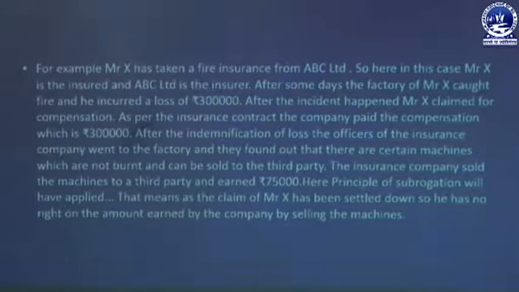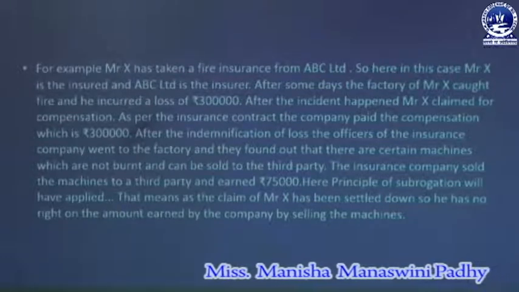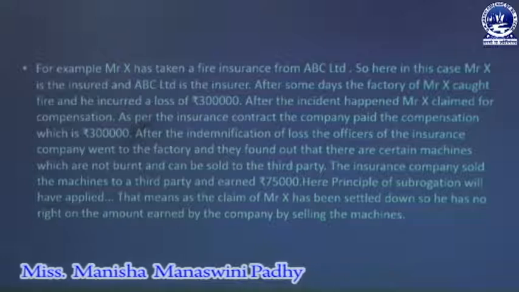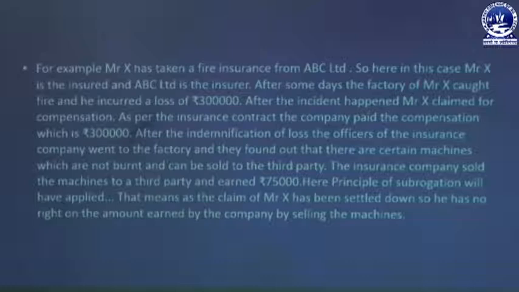After the indemnification has been done, indemnification means compensation, after the compensation of the loss, the officers of the insurance company went to the factory and they found out that there are certain machines which are not burnt and can be sold to the third party. The insurance company, which is ABC Limited, sold the machines to a third party and earned rupees 75,000. In this case, the principle of subrogation will be applied.